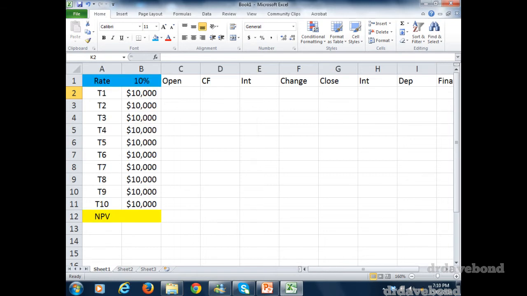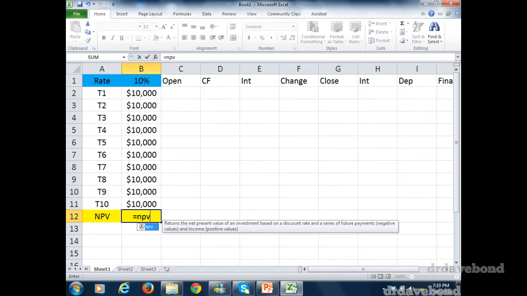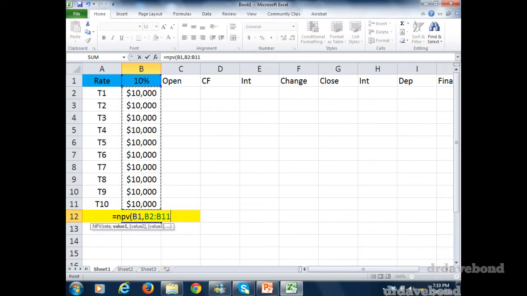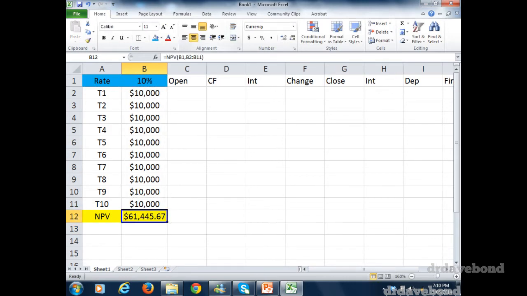So we need to get the present value of the minimum lease payments, which is what these are. And we're just going to assume that's also the same as the fair value of the lease asset, I should say. And what we've ended up with is discounting those cash flows at 10% gives us a net present value of about $61,000.